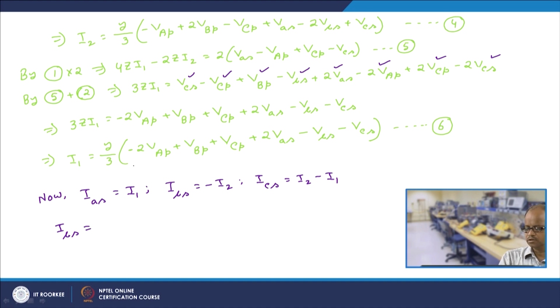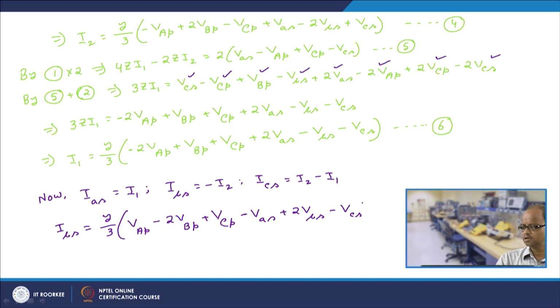Then therefore, Y by 3 into minus I2: VAP minus 2 VBP plus VCP minus VAS plus 2 VBS minus VCS. So, this is equation 7.